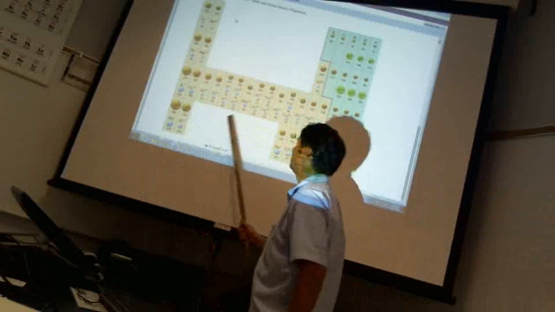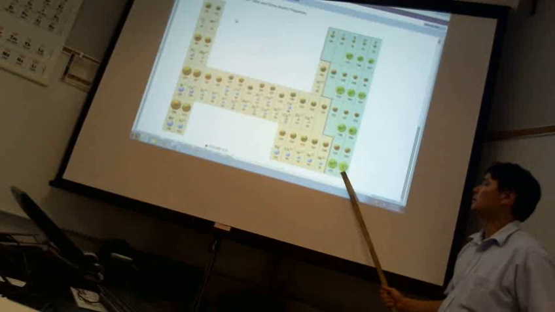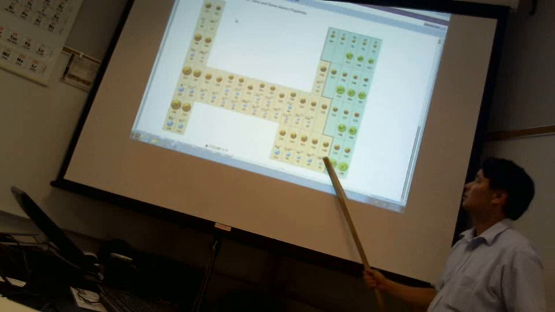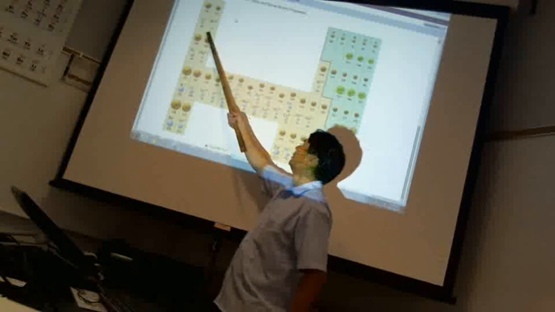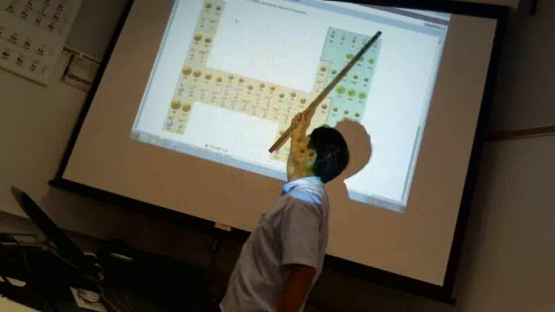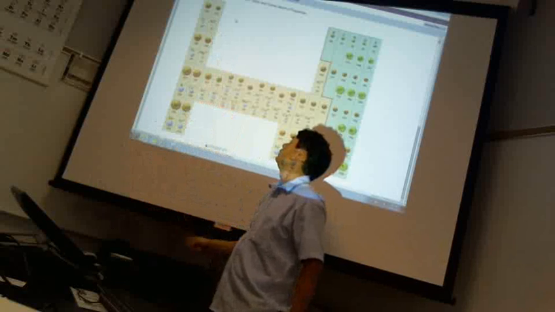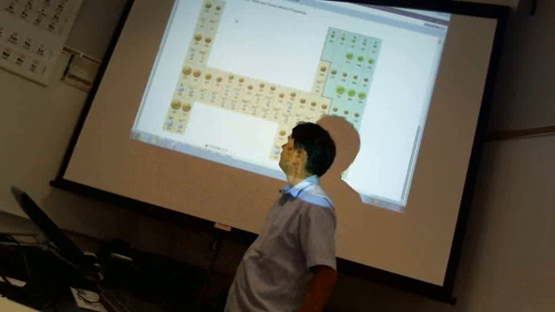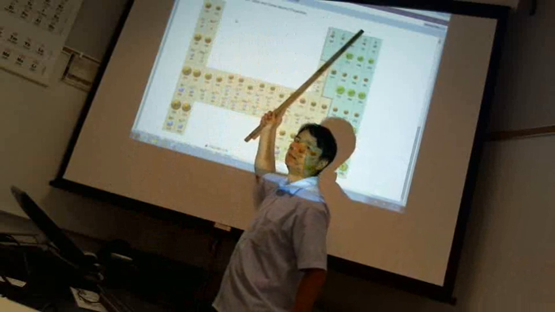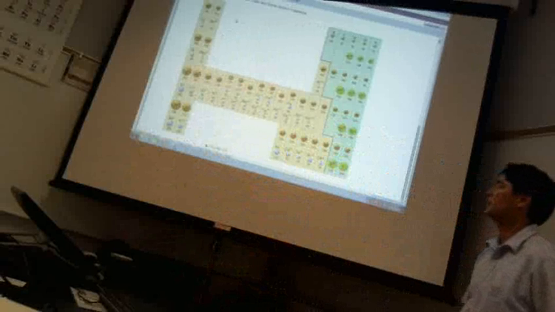The biggest ion is bottom right. The smallest ion is top left, sort of. Actually, helium plus, hydrogen plus there. Whereas the smallest atom is top right. And so just some trends you should be aware of.